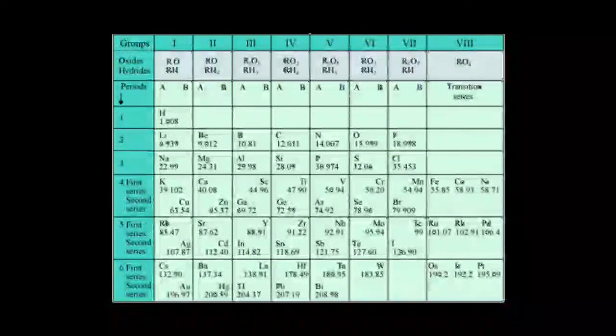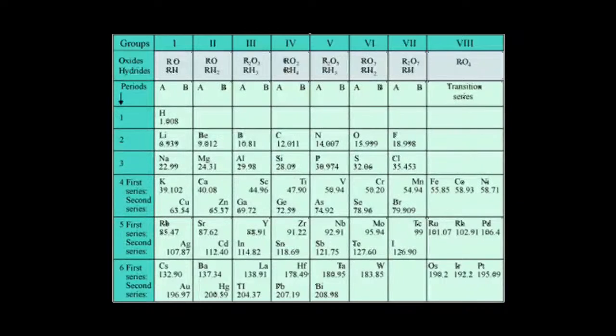Okay. How many horizontal lines are there? 1, 2, 3, 4, 5, 6 horizontal rows are there. Okay. Cleared? Have you all gone through this table? Count the vertical columns and horizontal rows.